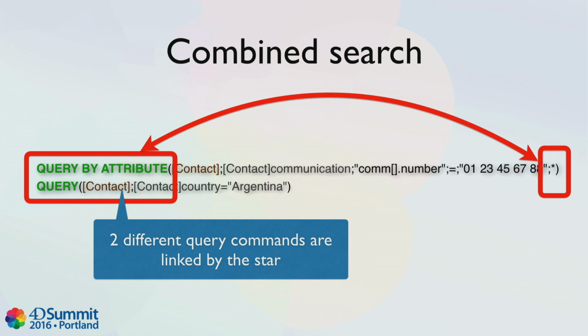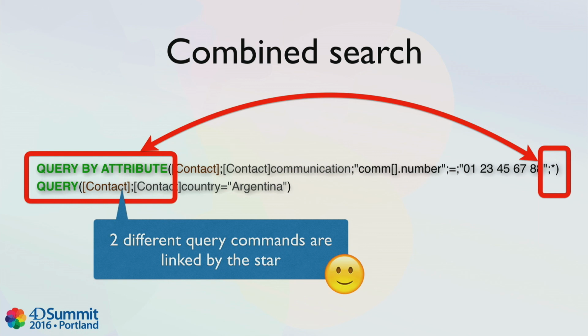That's the only set of commands in 4D in this situation, linked by a star with a different name of command. Really interesting. So I give a smiley. I like it.